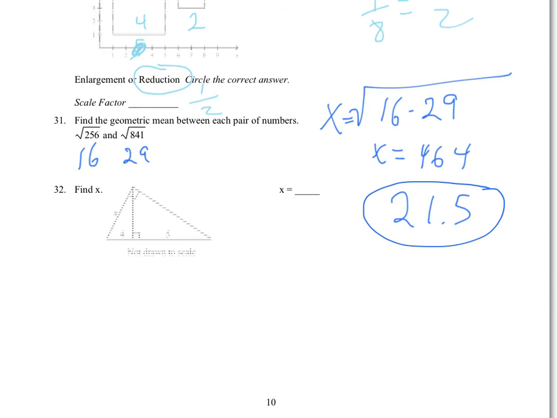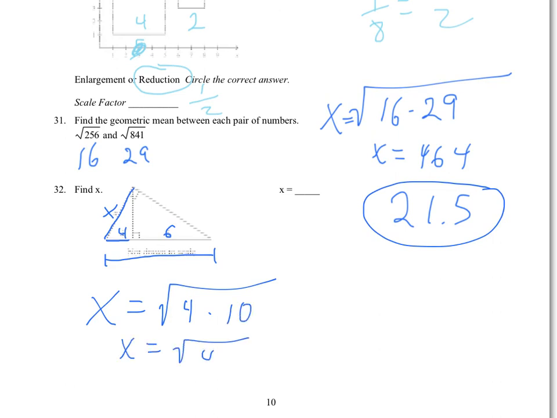Okay, find x. We've got x here. We have this length is 4, this length is 6. So you'll recall that the altitude, or the leg, x, is the geometric mean between the segment adjacent to it times the length of the entire segment, which would be 10. So x is equal to the square root of 40.